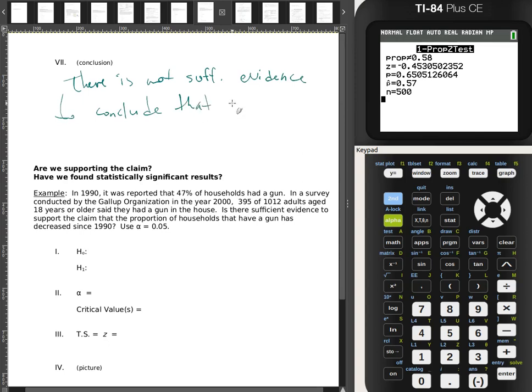Maybe we could say here that there is not sufficient evidence to conclude that the proportion of females aged 15 or older who live at home is different than, which I think is superior English grammar, I hope you guys will help me out here, is different than 58%.